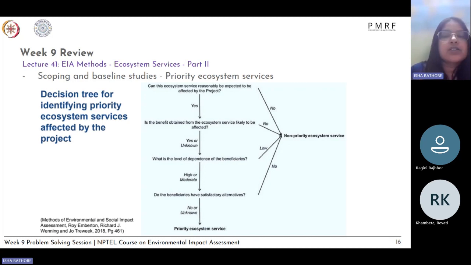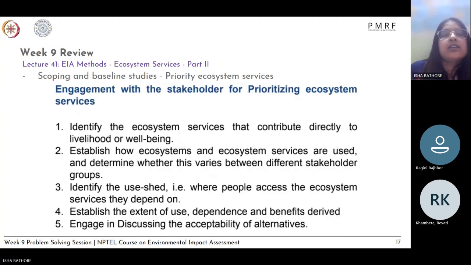If the benefit is not something for public use, then you say no. But if it is yes, then you go down further. So you ask questions and determine whether the service is a priority ecosystem service or not. If your answer is no at any point, then it's a non-priority ecosystem service. This is one of the methods which was discussed in the reference book which is cited.